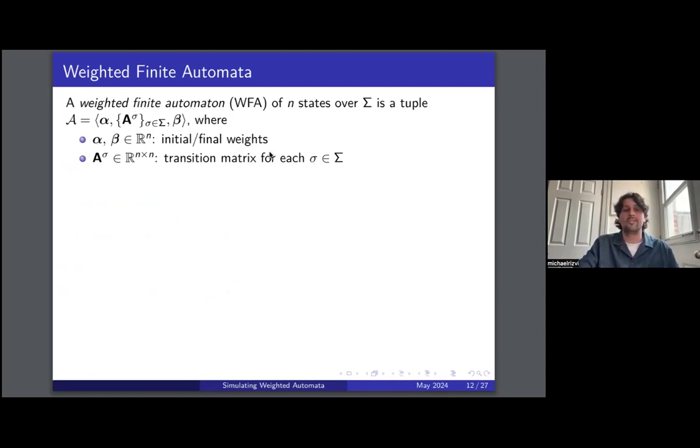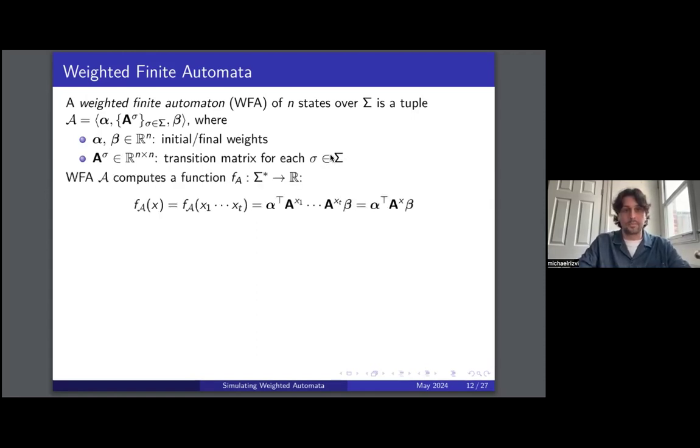The first is the initial and final weights, which correspond to the initial and final state of a DFA. Then we have the transition matrices, which also have an analogy with DFAs, in the sense that DFAs do this with Boolean matrices. But here we're generalizing, so the transition matrix can be any real matrix. And in the same way as for DFAs, we have one matrix per symbol in our alphabet.